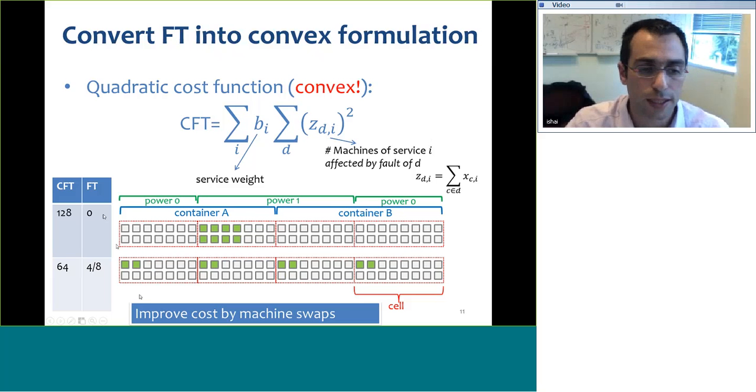So as you can see, there is an anti-correlation between this cost function and the fault tolerance metric. So the hope is that by minimizing this function, we can get very good spreading of fault tolerance. Again, in this slide, I'm only considering fault tolerance. I will add the bandwidth later on, if I didn't mention that.